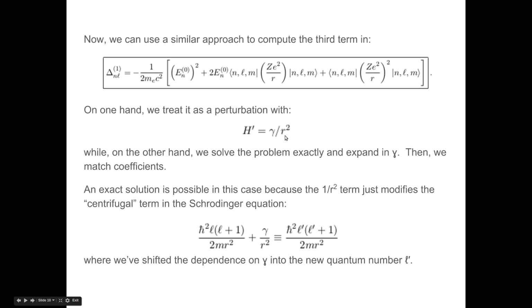And in this case, the way we do it is we absorb this term into the centrifugal term, right? Remember the centrifugal term that comes in from the spherical kinetic energy term, right? It's like an effective potential piece. So we take that piece and our gamma over r squared term, combine them, and define some new quantum number L prime. And so L prime is going to have dependence on L and gamma, right?